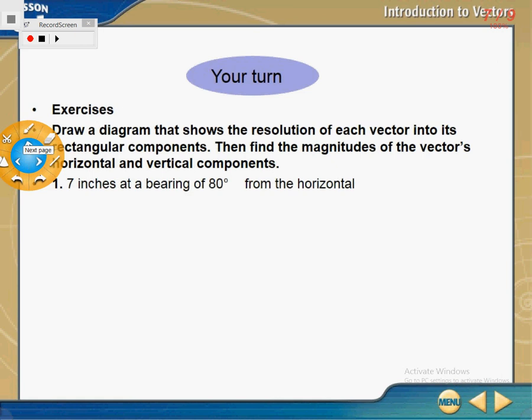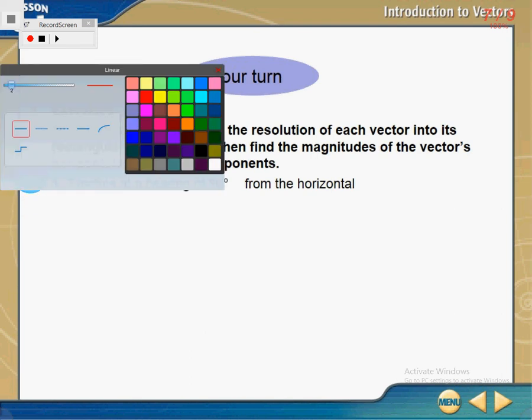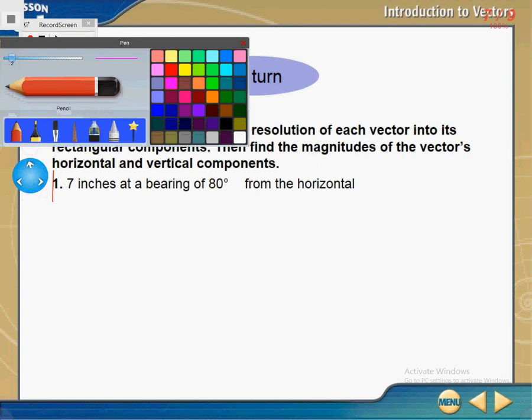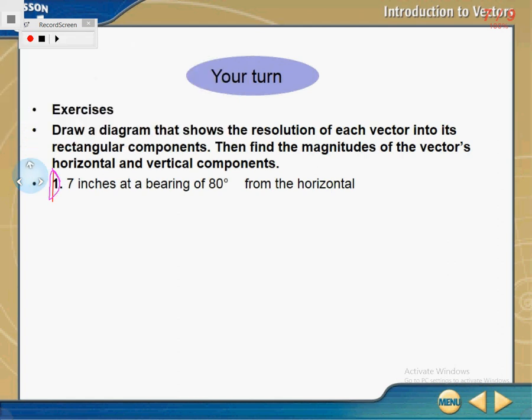If it's easy, I want you to try to solve this. This is your turn. I will give you 2 minutes to try. This is the number of the question: 7 inches at a bearing of 80 from the horizontal. This means I have to start from where? Excellent, from east.